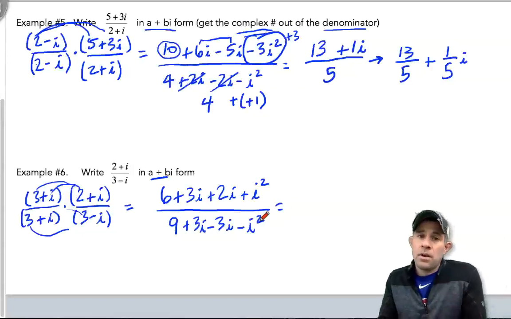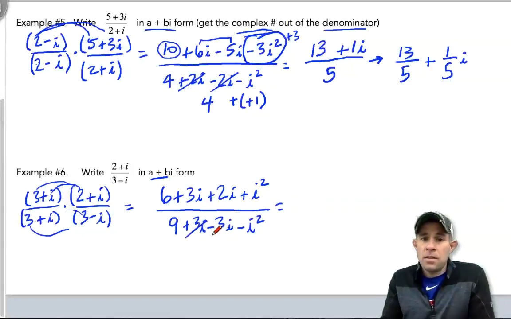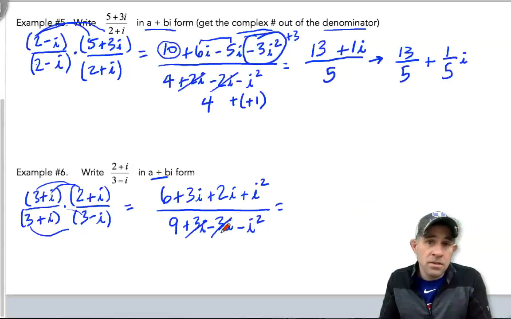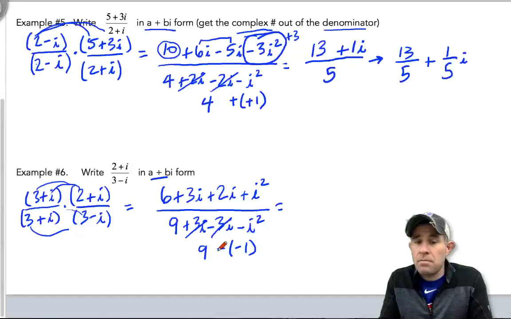Okay, again, what's going to happen in our denominator is that these imaginary terms are going to cancel each other out. This negative i squared, remember, is negative 1, so that becomes 9 minus a negative 1, which is plus 1. So my denominator is 10. And now let's simplify our numerator. I have a 3i and a 2i. That simplifies to 5i.